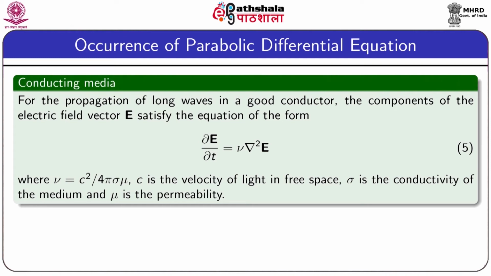And this is the last example where I want to show that we again get the heat equation. In this example, we consider the propagation of long waves in a good conductor.